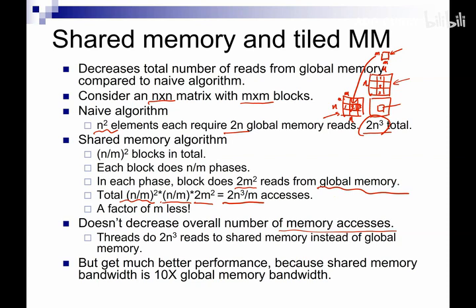If you count up the total number of accesses by all the blocks from shared memory, it is still going to come out to 2n cubed. So we're not reducing the total number of memory accesses, but we are decreasing the number of slow accesses from global memory, and increasing the number of fast accesses from shared memory. Because shared memory is both faster and has more memory bandwidth, we get much better performance.